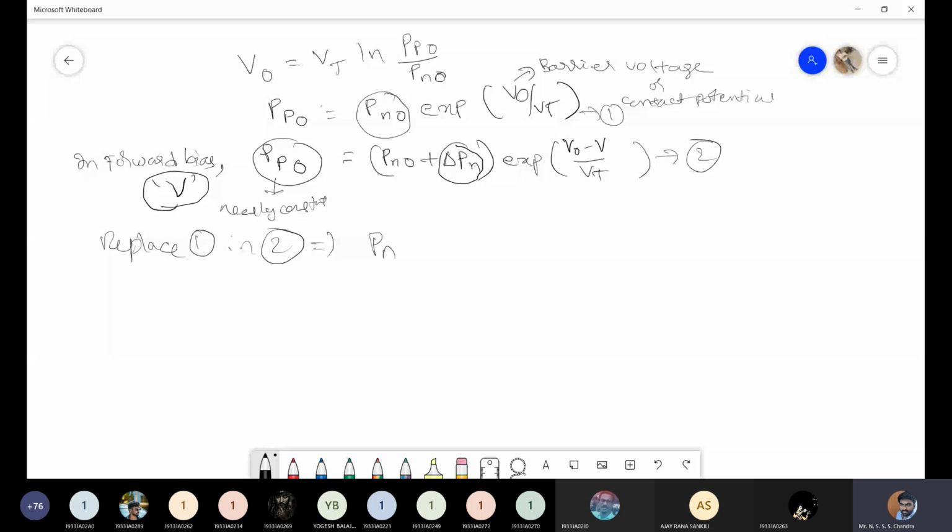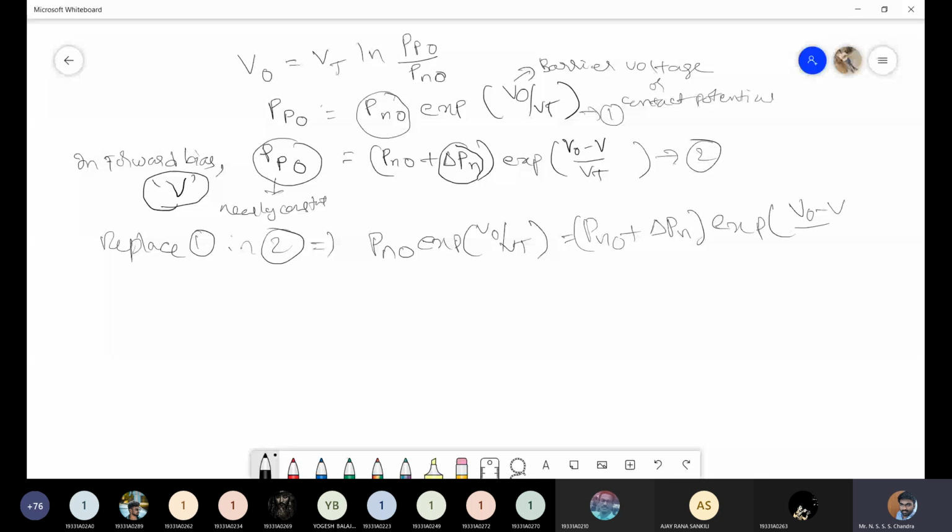So on the left hand side, instead of Pp naught, I will be replacing Pn naught into exponential of V naught by Vt, equal to Pn naught plus delta Pn into exponential of V naught minus V by Vt.